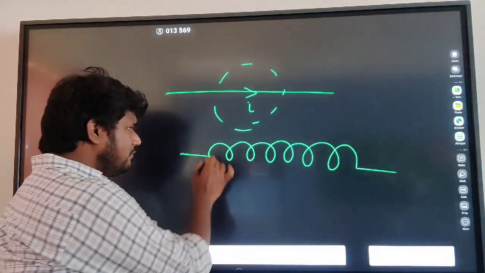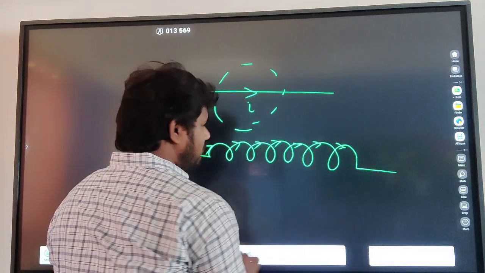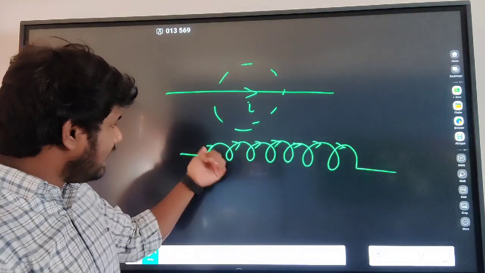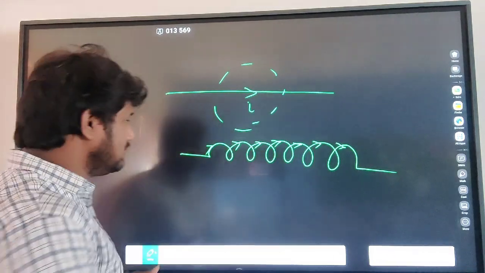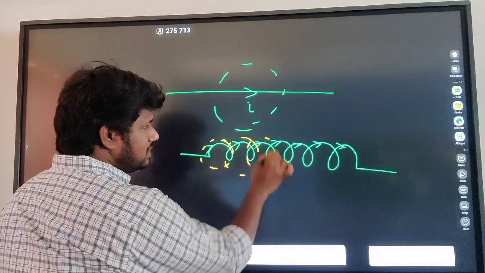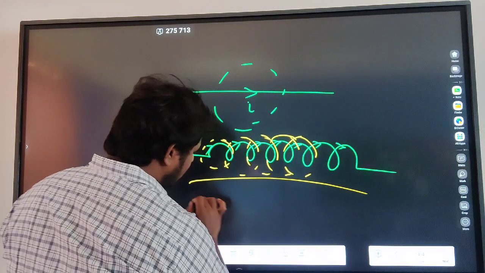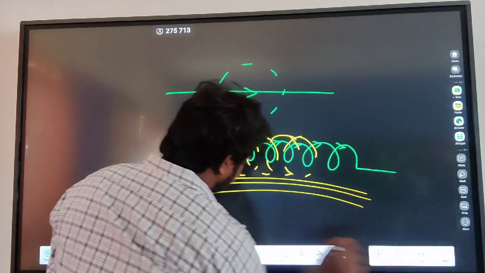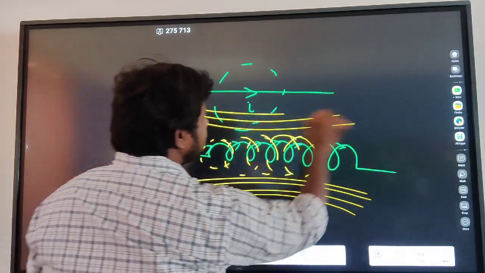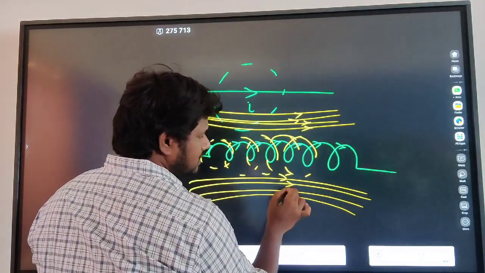Because everywhere the current direction is changing, the flux associated with it will also change. So it will produce a bunch of flux like this, and outside it will produce a bunch of flux like this. This cumulative flux only we are going to consider.